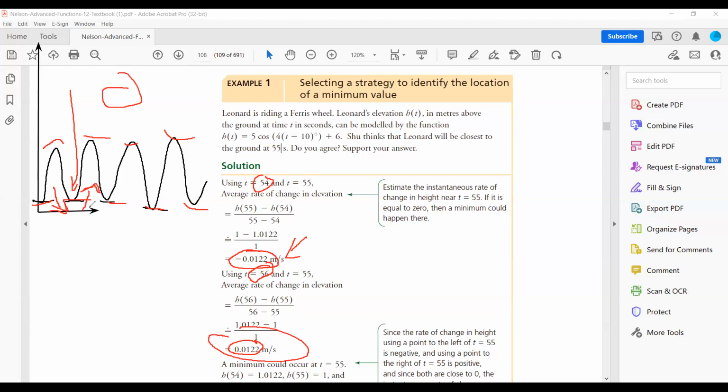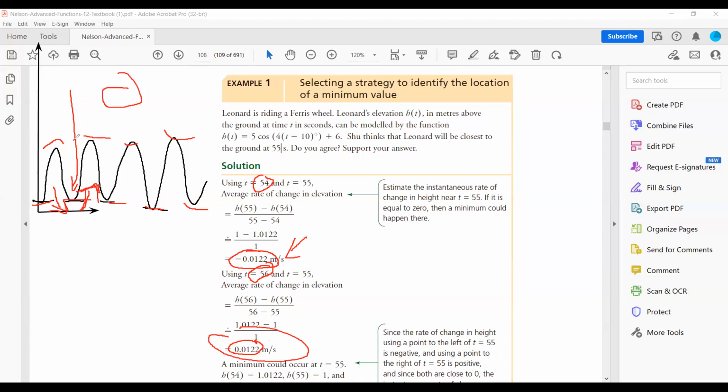Do you see what I'm trying to show you here? This is the point where the graph changes its direction, and at this point, the instantaneous rate of change equals 0. This would be, in this case, a local minimum value, because after this point, the function goes up.